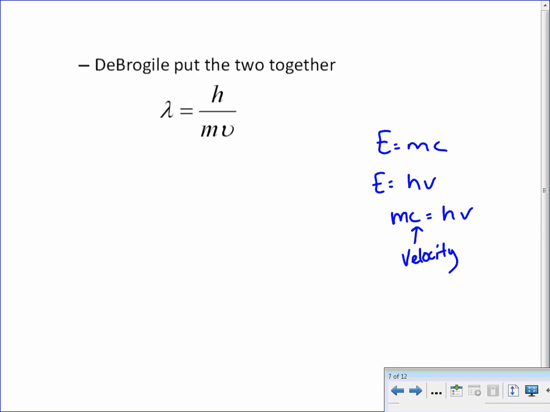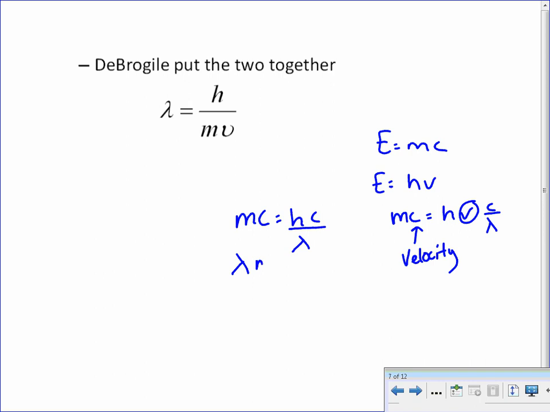And instead of using frequency, he used what frequency is: the speed of light divided by wavelength. So if we rearrange this, mc is equal to hc over lambda. So the c's will cancel out if we solve for lambda.